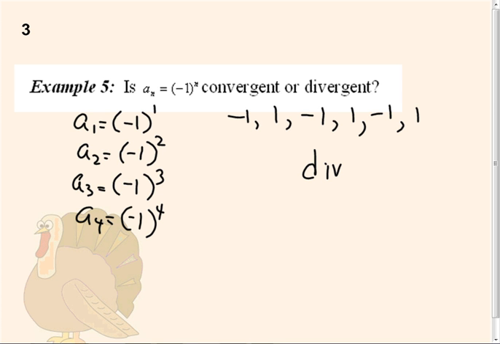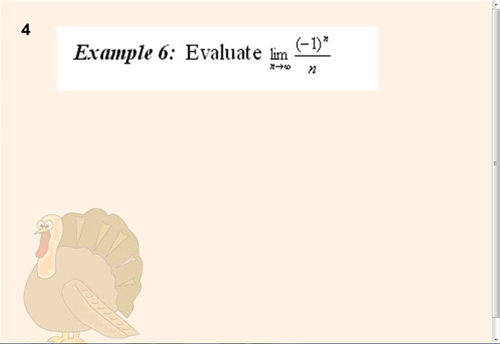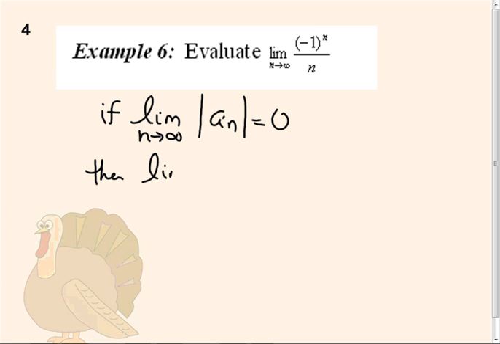One more, and then you could start on your assignment, and I strongly recommend it. This one. Now you remember, I bet you forgot already, that if the limit of the absolute value of my sequence goes to 0, not just any number, then the limit of the sequence without the absolute value also goes to 0.